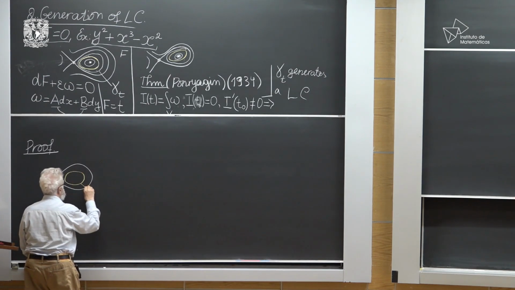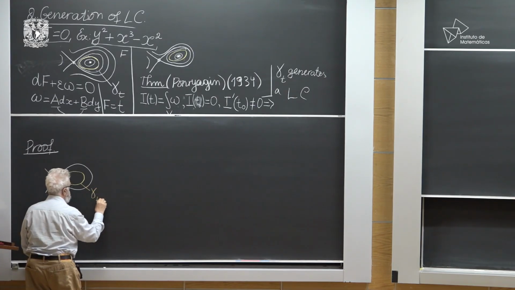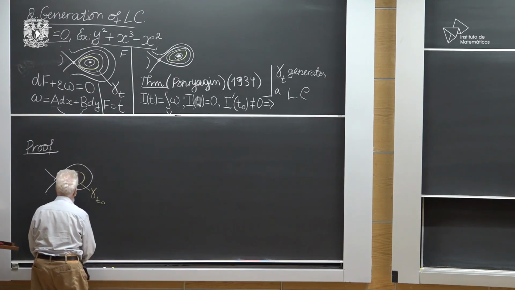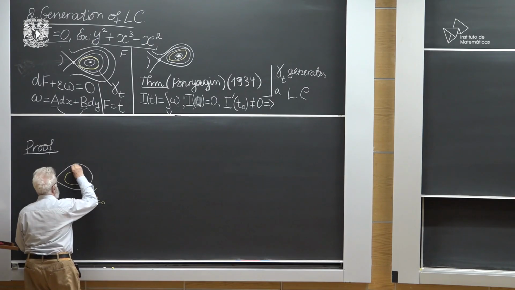This is my yellow cycle, gamma t0. And we consider the Poincaré map for this equation.